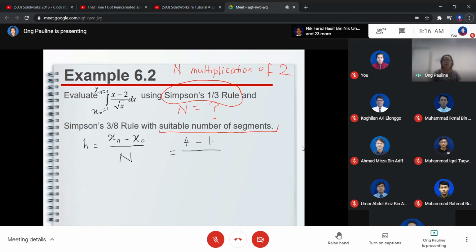So for the numerator, you have 3, right? So now you can suggest a suitable number for N di sini. I will say that if I let N to be 8, I get 3/8.